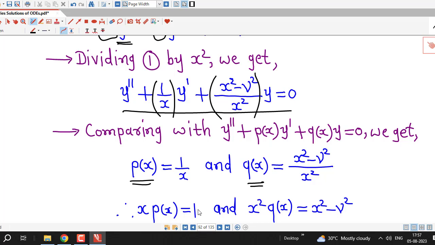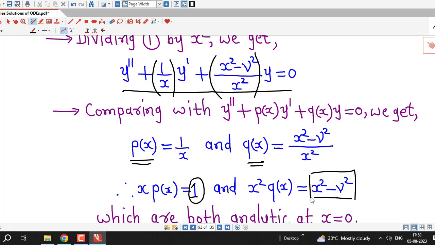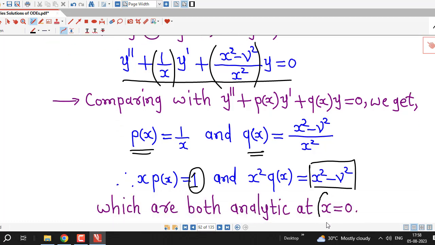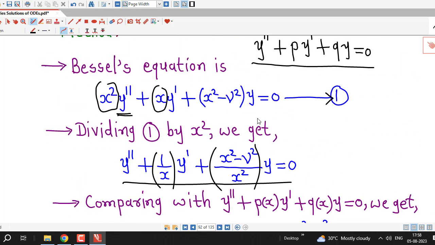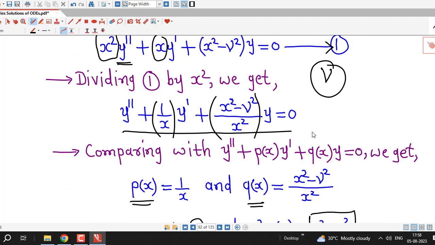So x times p(x) is equal to 1, and x square times q(x) is equal to x square minus nu square. These two functions are analytic everywhere because they are polynomials. Therefore both are analytic at x equal to 0, and therefore x equal to 0 is a regular singular point of equation number 1, which is Bessel's equation of order nu.